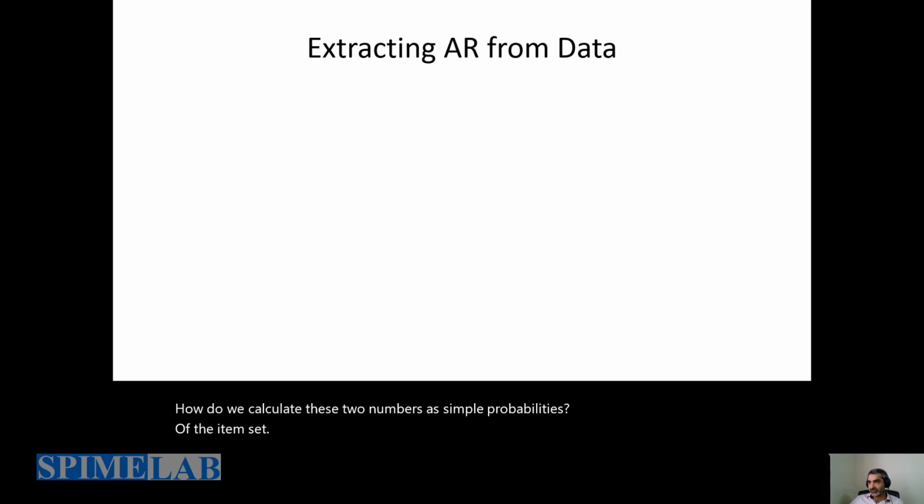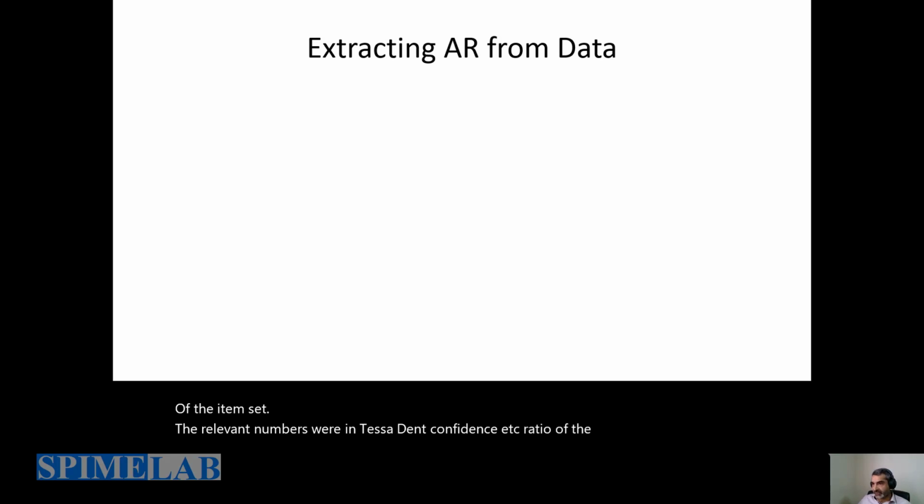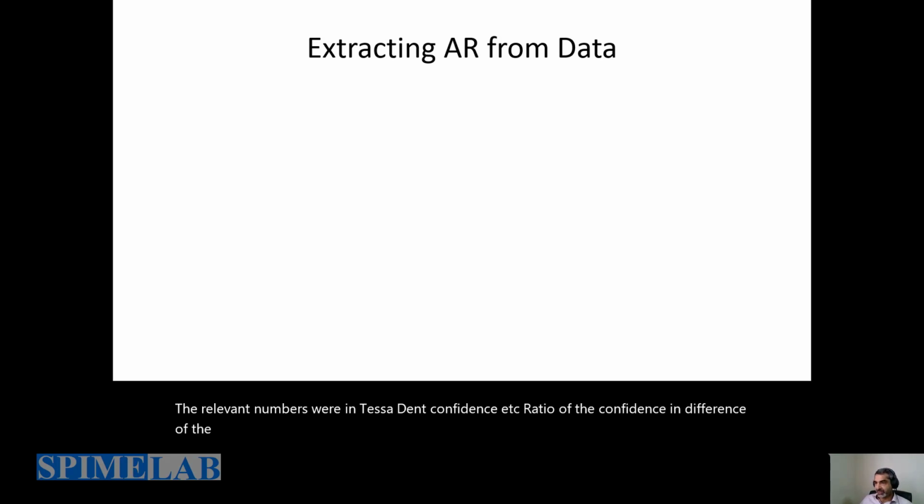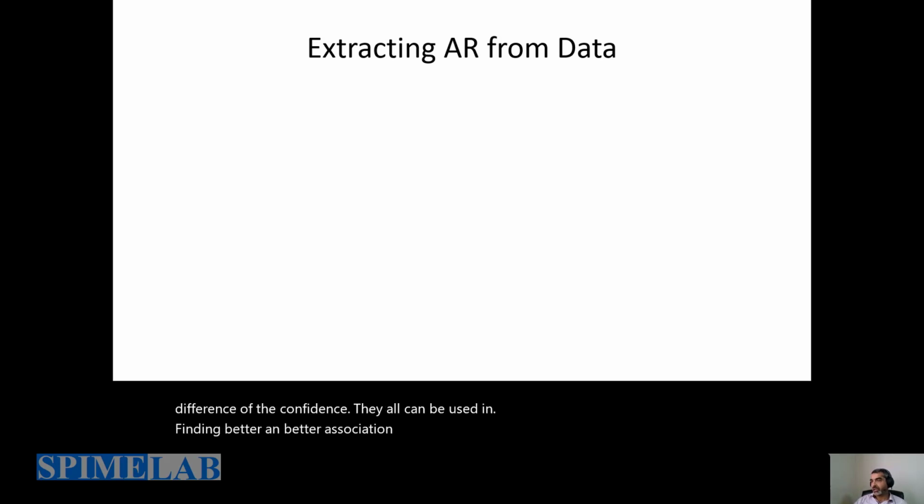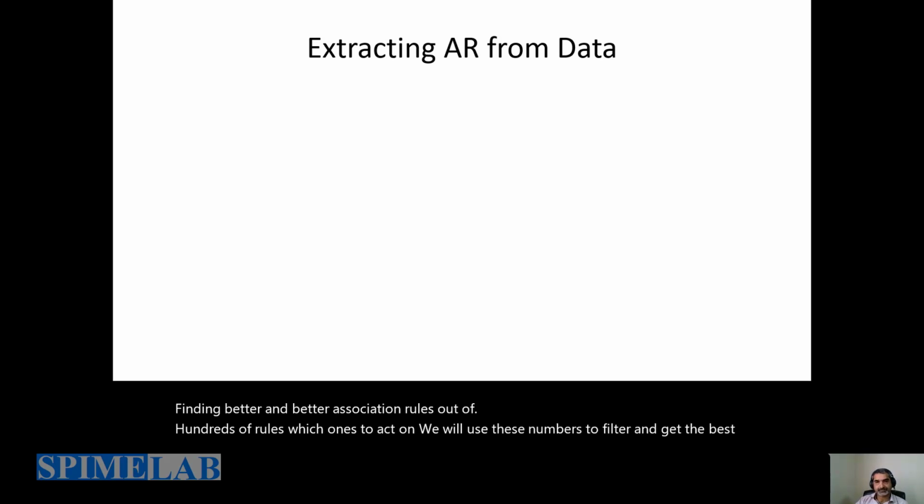Their relevant numbers were antecedent confidence, etc., ratio of the confidence, and difference of the confidence. They all can be used in finding better and better association rules out of hundreds of rules. Which ones to act on? We will use these numbers to filter and get the best ones out.